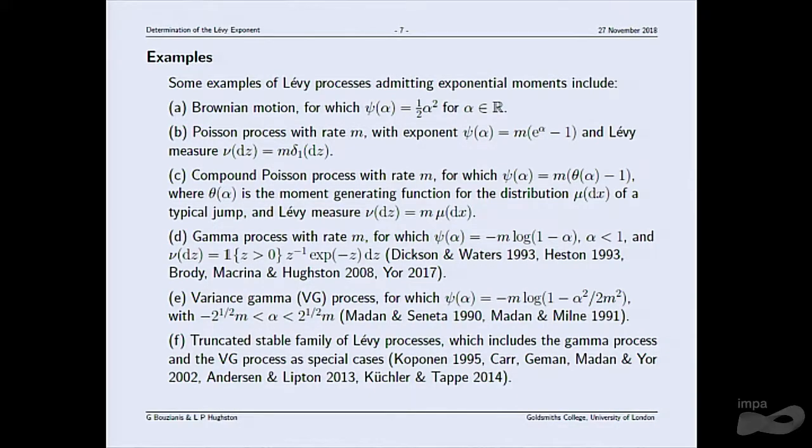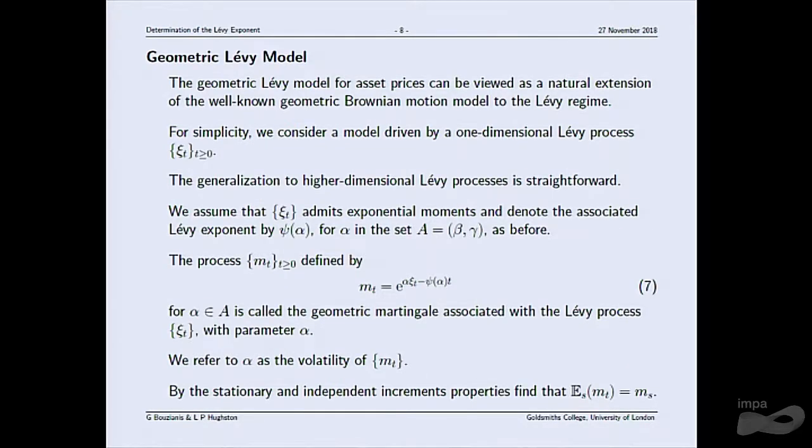There are many other examples, too many to mention here, which have been explored in depth in the literature. So we'll be looking at the so-called geometric Levy model, which can be viewed as a natural extension of the geometric Brownian motion model in asset pricing.